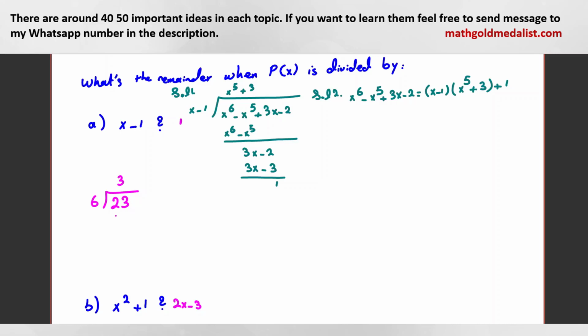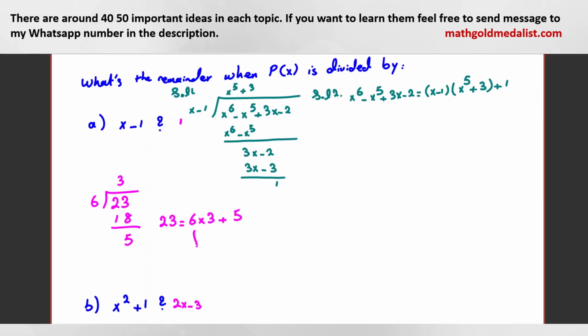Yes, remainder is 5. So do you agree we can write 23 is equal to, when we divide 23 by 6, it's 6 times 3 plus 5, right?